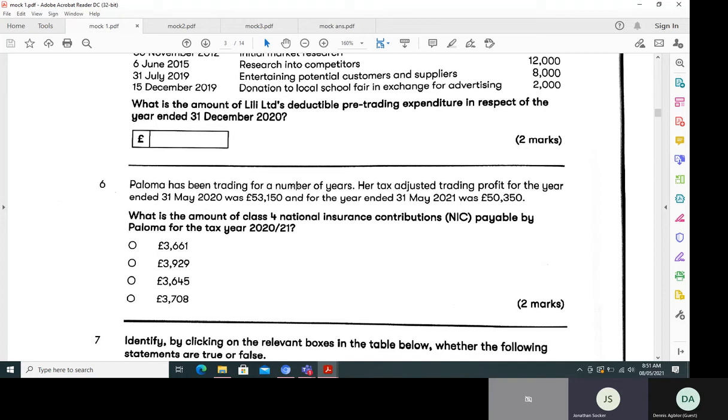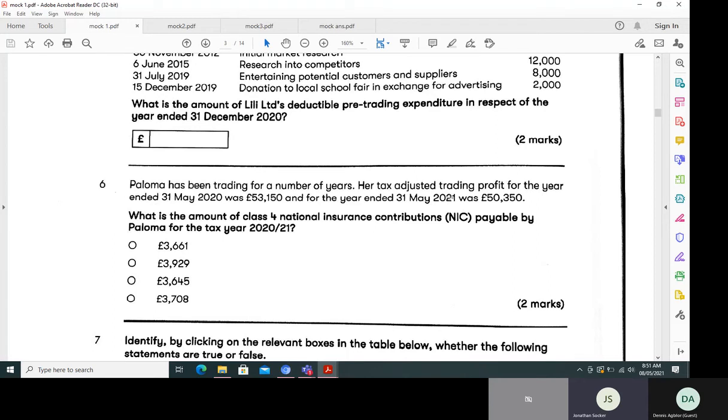For example, in this question, you said P has been trading for a number of years. When you say trading for a number of years, that means the person has been trading for long, and you will not be given the date the person commenced trading. So in that case, there's no need to do basis of assessment.